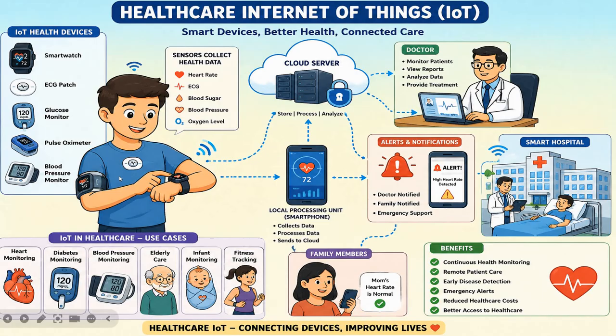You can see a boy, or you can treat him as a patient, who is wearing a smartwatch and other medical sensors. These devices represent the IoT health devices used to collect physiological information from the human body. Some examples shown here are the smartwatch, ECG patch, glucose monitor, pulse oximeter, and blood pressure monitor.